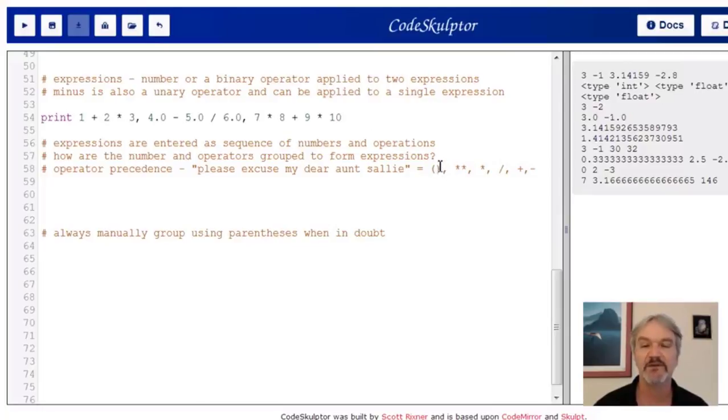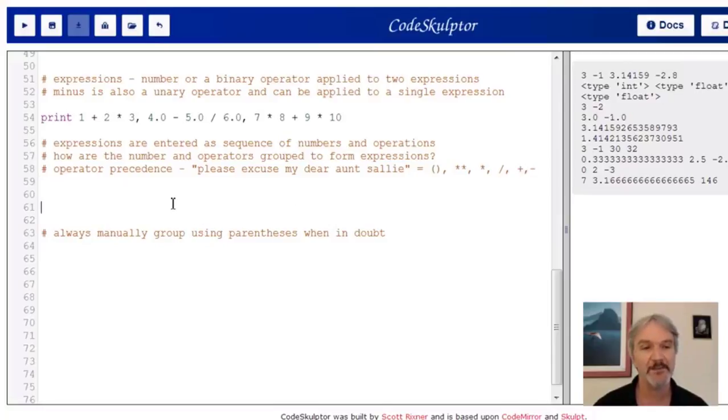When evaluating expressions, we always do parentheses first. After that, exponentiation. Then multiplication and division, M and D, which have equal precedence, so if we have a sequence of those, we just do them from left to right. Finally, we do addition and subtraction last.